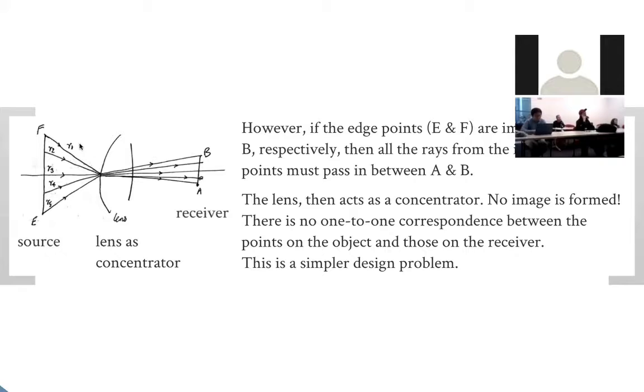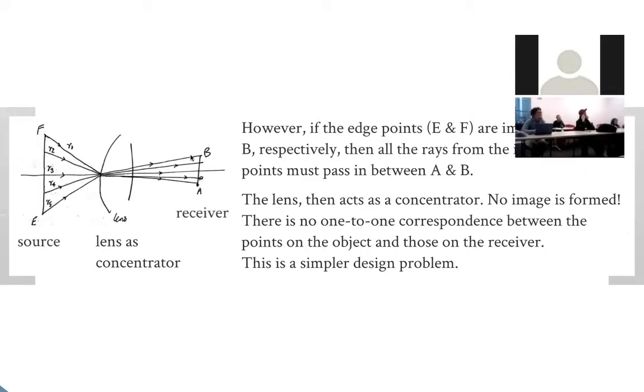Then, if you think about it, I have actually collected all the energy that's coming from EF and assigned it to AB. I don't know exactly where it goes, but I know it will end up at AB. This is a non-imaging optic. The lens in this situation acts as a concentrator.